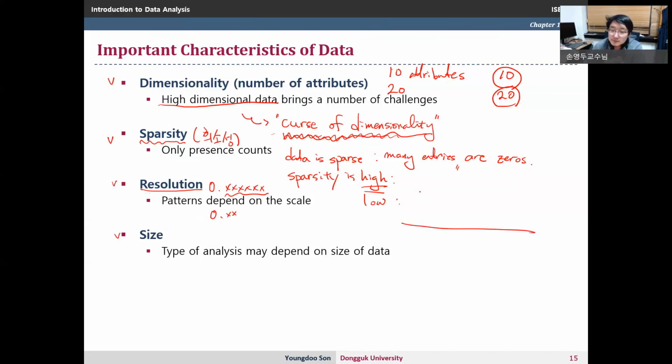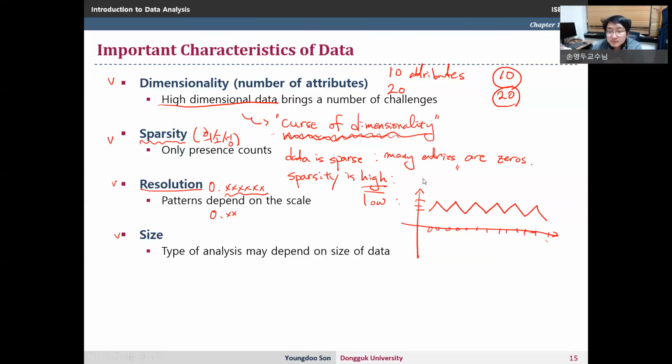For example, if we measure, okay, for example, this is the y value and this is the x value. If we measure not x and y, okay, this is the data object, and this one is the attribute values.